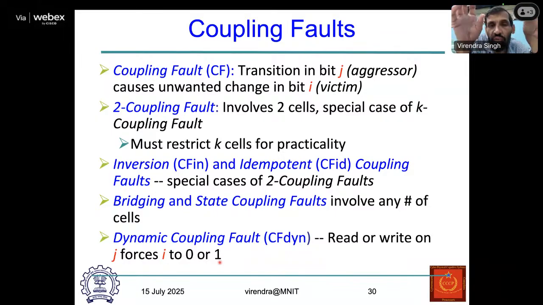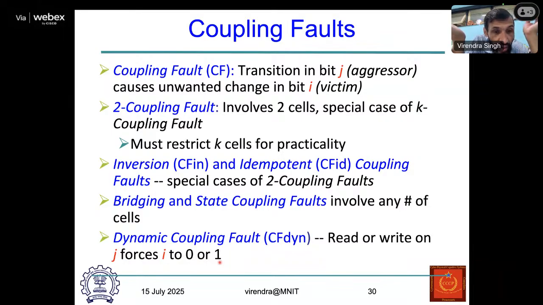Here the bit i or cell i we call the victim, and bit j or cell j we call the aggressor, because any change in the aggressor brings in an unwarranted change in the victim cell. Here we are only looking at the coupling between two cells, but this can be k coupling, meaning one cell can be coupled with k neighboring cells, but then that becomes more and more complex.